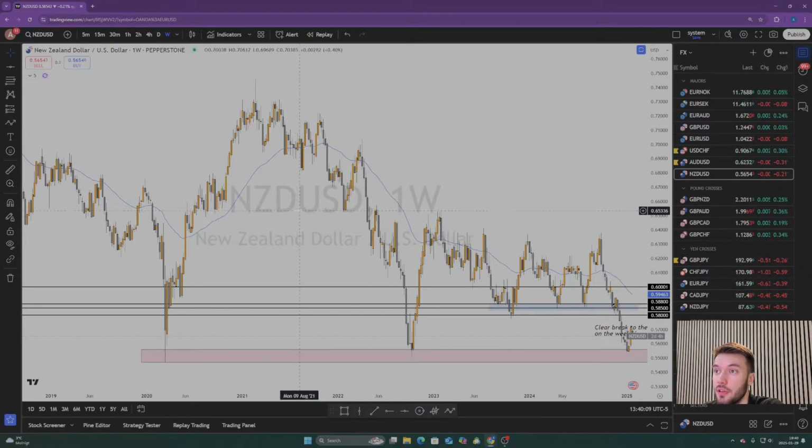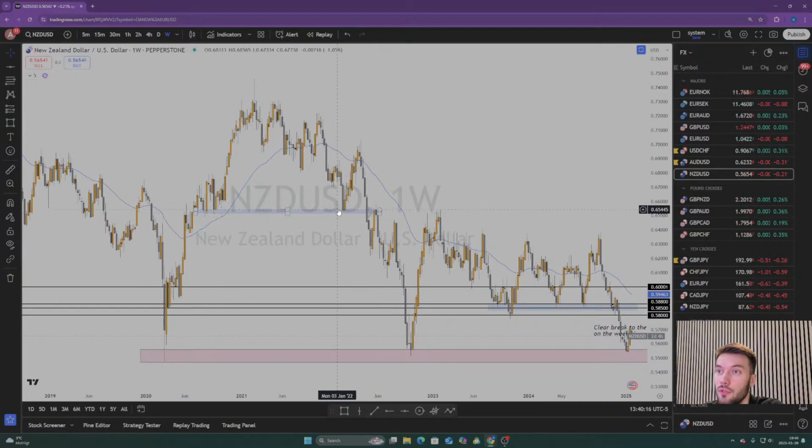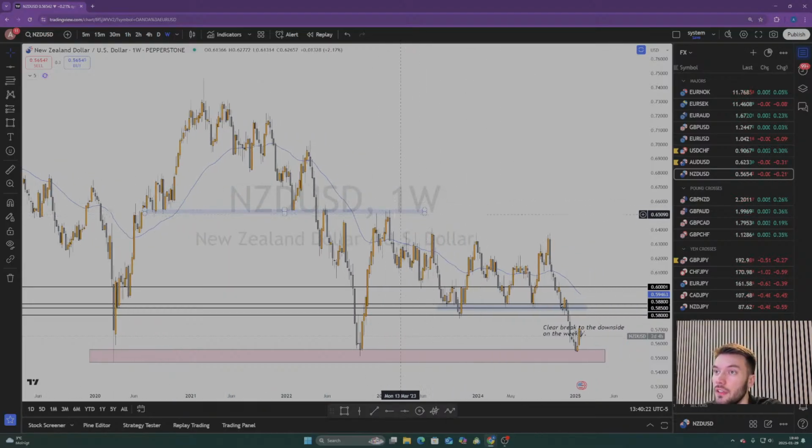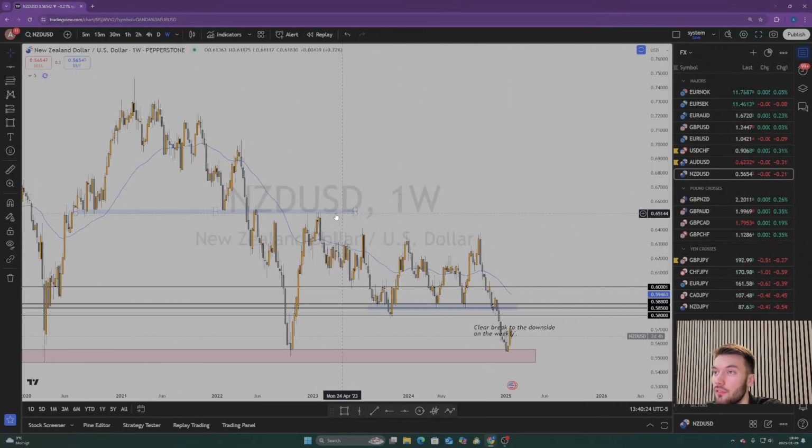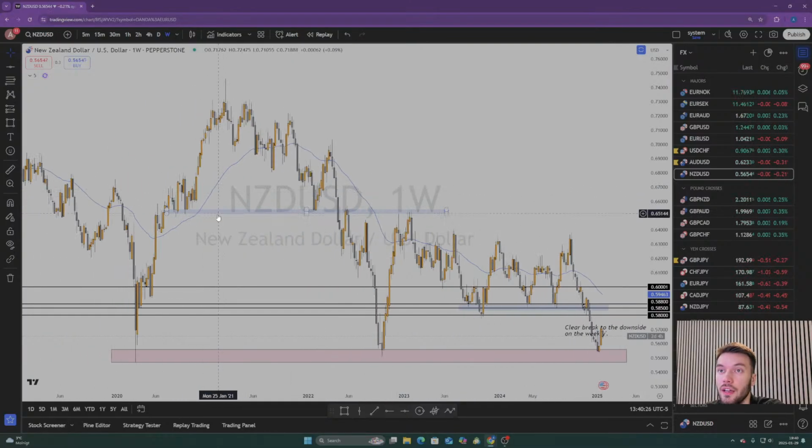For example, here, this level would be significant. So here we have, say, this level. So we have 1, 2, 3. That's a significant level. 4, still a significant level. 5, it's significant. This is a significant level for the NZDU. And you see when we have 1, 2, 3 taps, we can use it as, okay, we have the data to back up that price will reject.